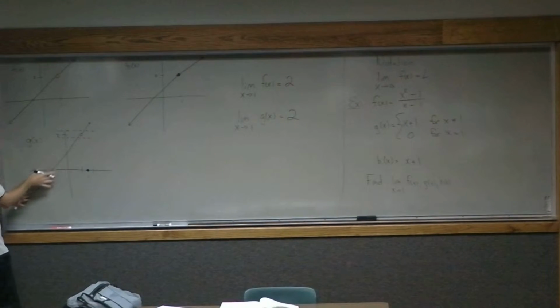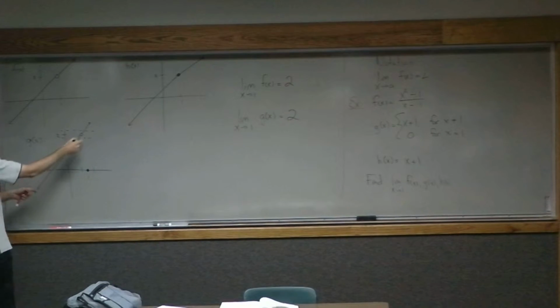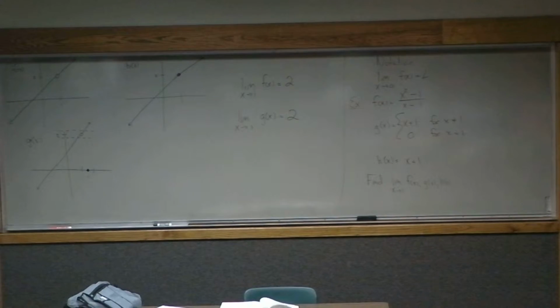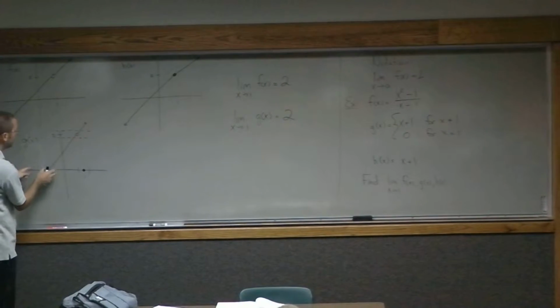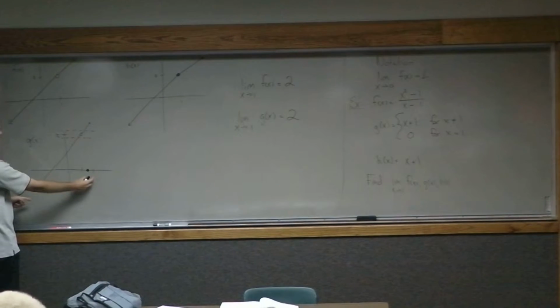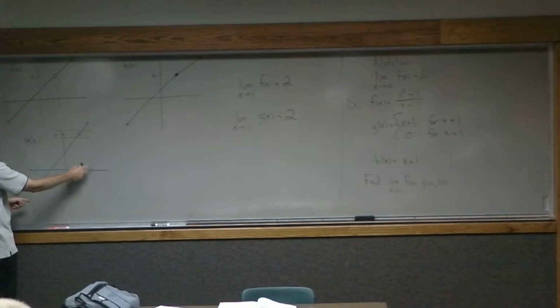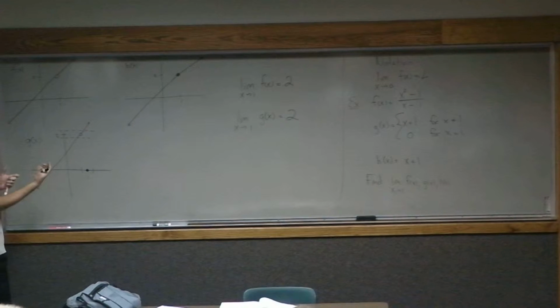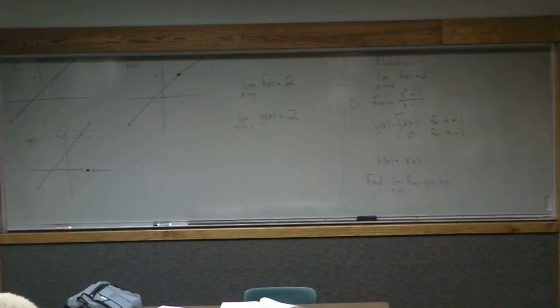What can I see from this picture in terms of what happens to the values of g as I get close to x equals 1? It's not always going to be the case that the function's value at a particular a is equal to the limit value. This is one of those examples where it's not the case.